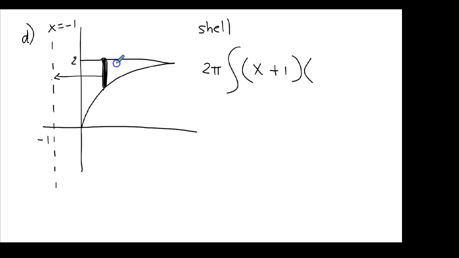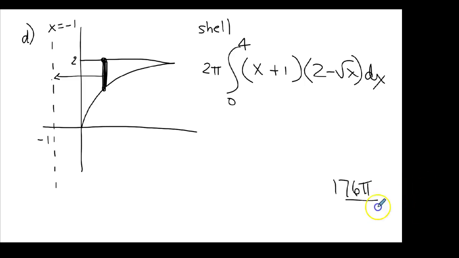And then you need the height of a typical rectangle. What would that be? And then those same old limits, 0 to 4, because we're going across. You have to FOIL that out and then find the antiderivative. Does anyone need to see? The answer that I got is 176 pi over 15. Did anyone else get that?